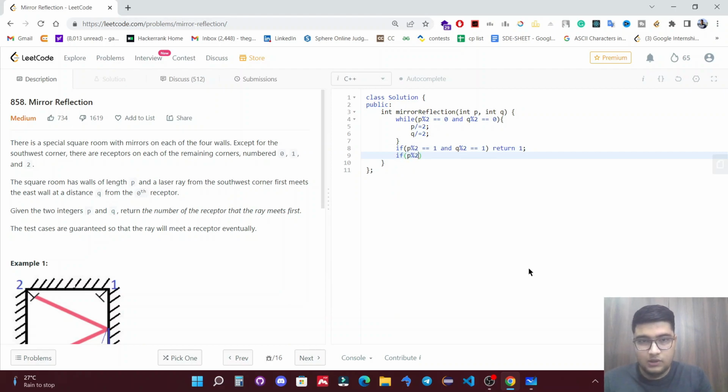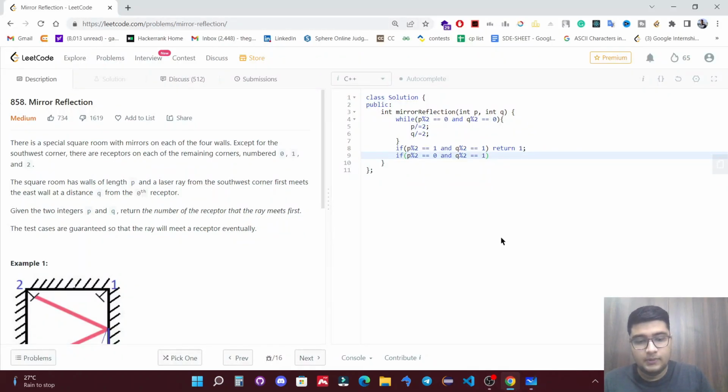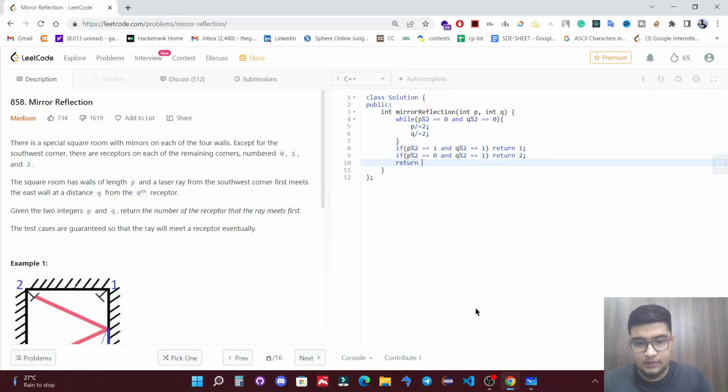If p modulus 2 is equal to 0, if p is even and q is odd, in this case, let's see. If p is even, that is 2, and q is odd, that is 1, so what we are getting? We are getting 2 as our answer. Let's return 2 from here. Now the remaining case would be 0, so let's directly return 0 from here.